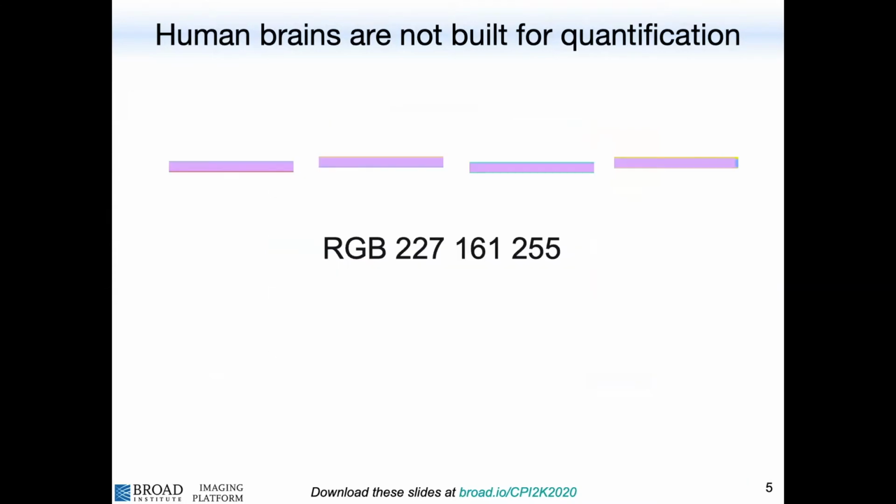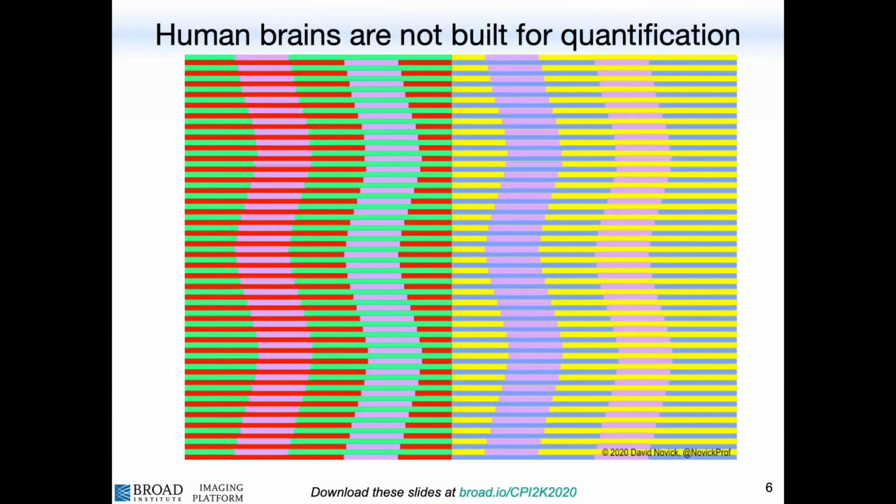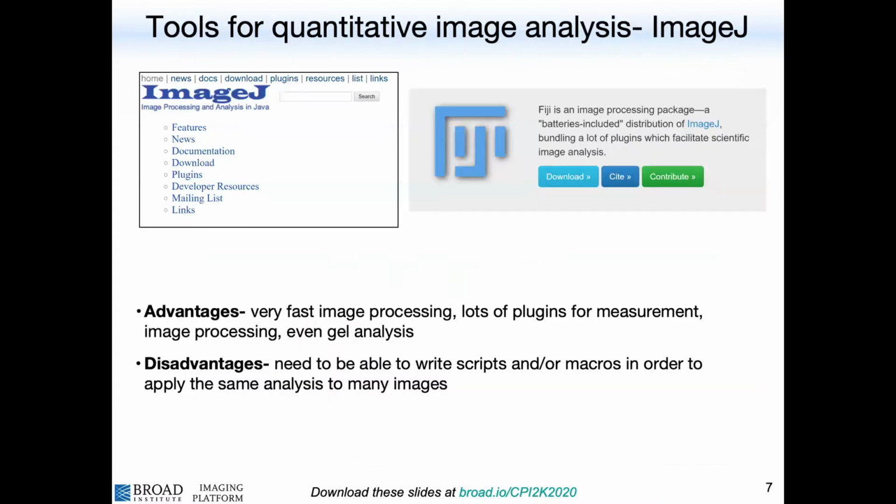Another interesting example: look at these 4 similar color bars, and now see what happens when we pass different color lines through these purple columns. They appear to be totally different colors. The segments that compose the waves appear to be hot pink, gray, purple, and beige. But they're actually all the same color. So you are better off letting software that is designed for image analysis do your quantification for you, because your brain is constantly trying to trick you.